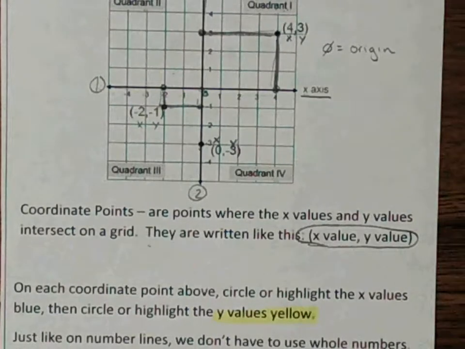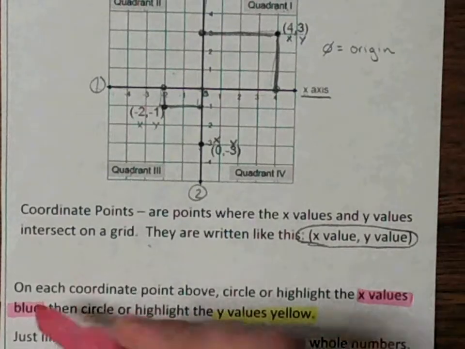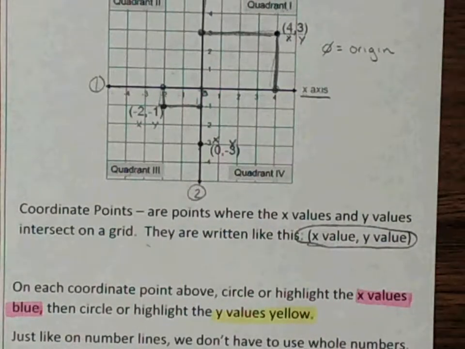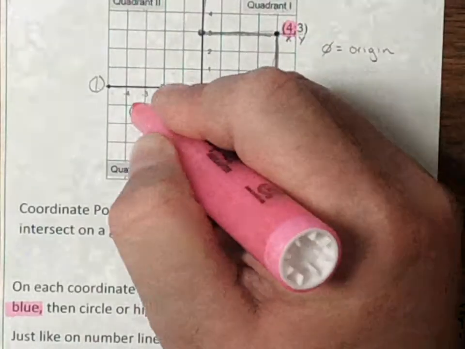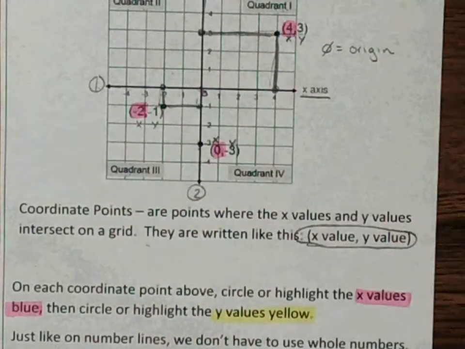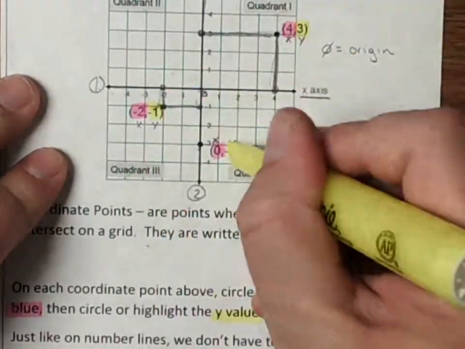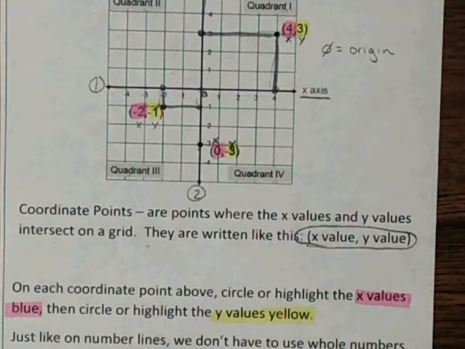I actually don't have a blue marker, so I'm going to use pink for blue. But this way I know what color you're going to highlight. You can use colored pencil, highlighter, whatever you want to use is fine. So I'm going to highlight my x values pink. And then I'm going to highlight my y values yellow, just so I get used to that x, y thing.